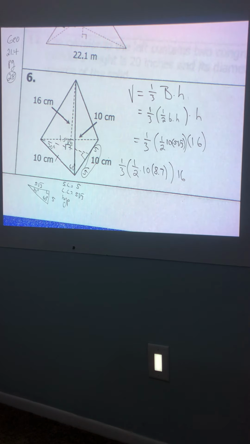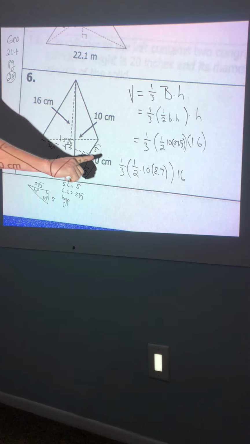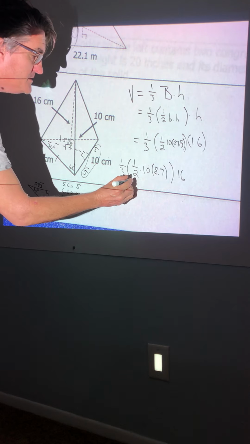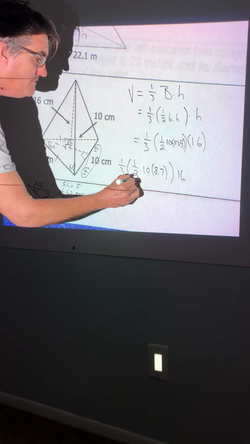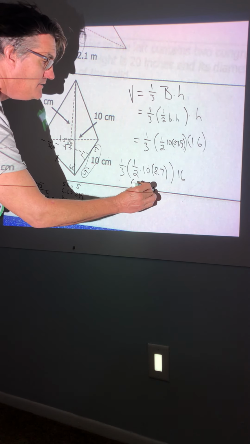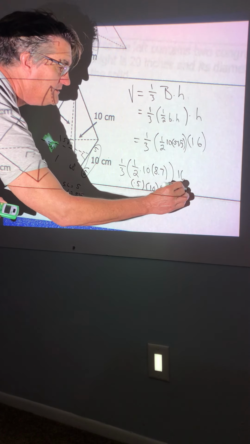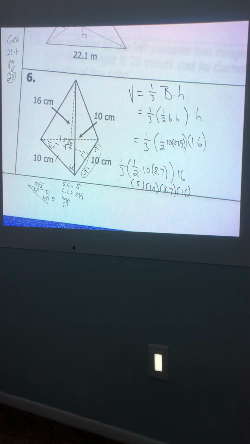Okay, and then let's compute all of this real quick. This is going to be 0.5 times 10 times 8.7 times 16. Let's get all of that first. So 0.5 is 1/2. I'm going to multiply by 10, multiply by 8.7, and multiply by 16.